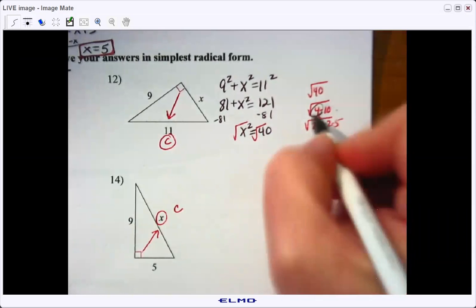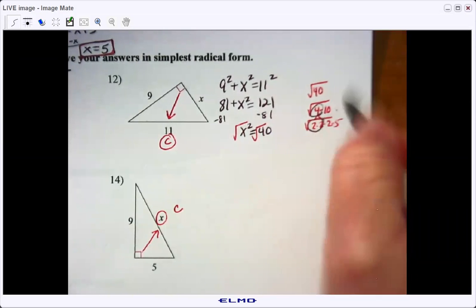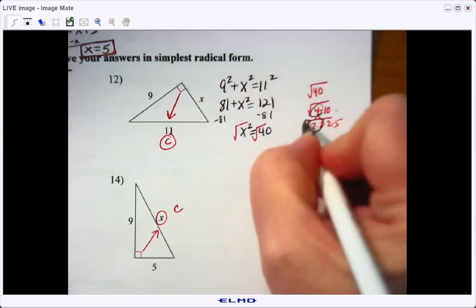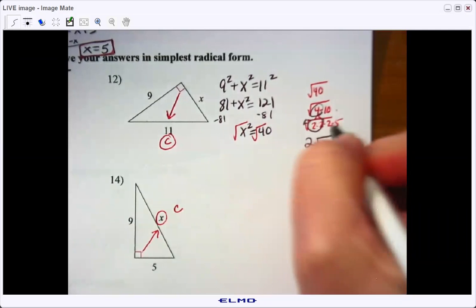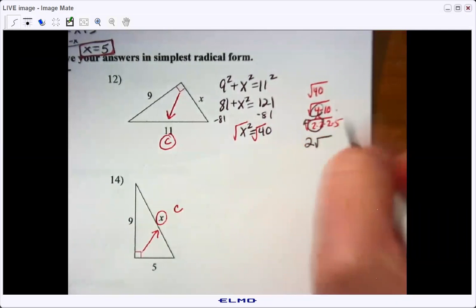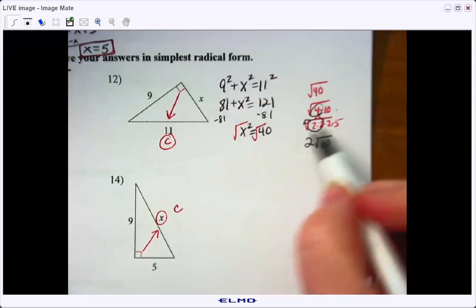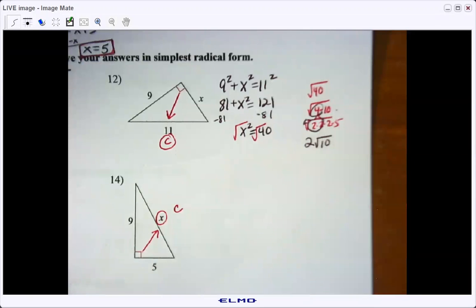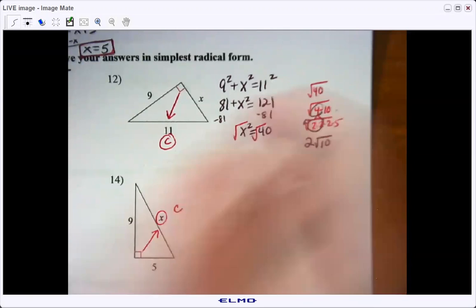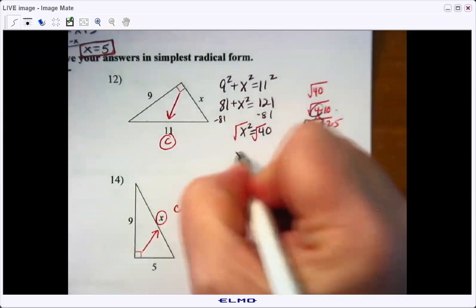If you broke it down, I have a pair of 2's, so that comes outside, and my leftover is a 2 and a 5, so that would be 10. So if you had 4 root 5, I know where you got it, because you had an extra 2 and then a leftover 5. So you're really close, but the answer is 2 root 10.